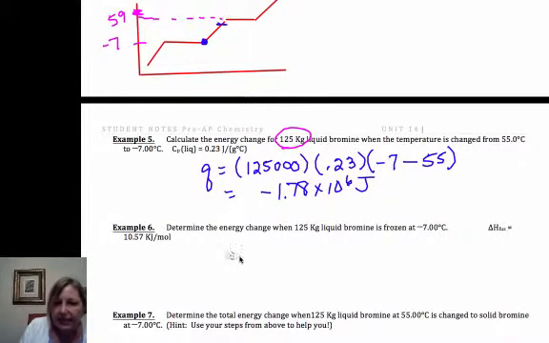Now, the next step asks us to determine the energy when it's frozen at -7. So it's just asking us this line segment up here. And so we have delta H of fusion. And so we're going to start with our 125,000. We've got to convert that to grams. This is on a per mole basis. So I'm going to use mass to moles, use molar mass.